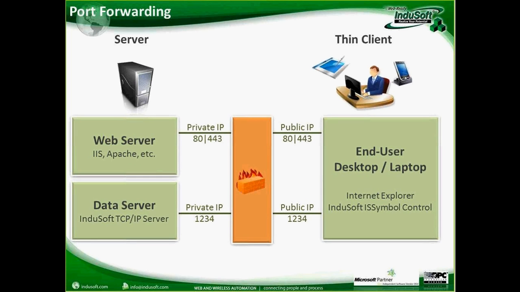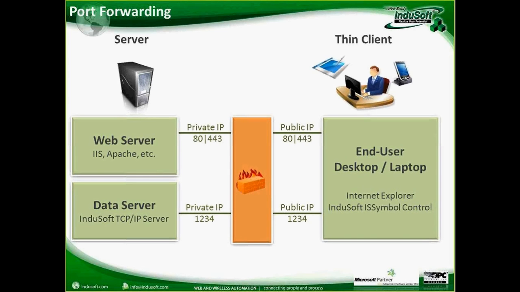An alternative, or a less typical, but we see it often, is an application where you have your end users on the other side of a firewall. You might have InduSoft running on some machine, and you have clients on the inside who need to access it, but you also have clients on the outside that need to access.